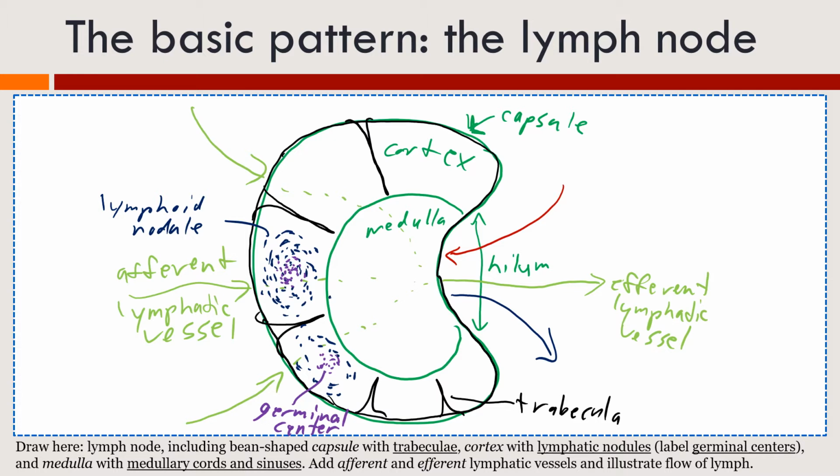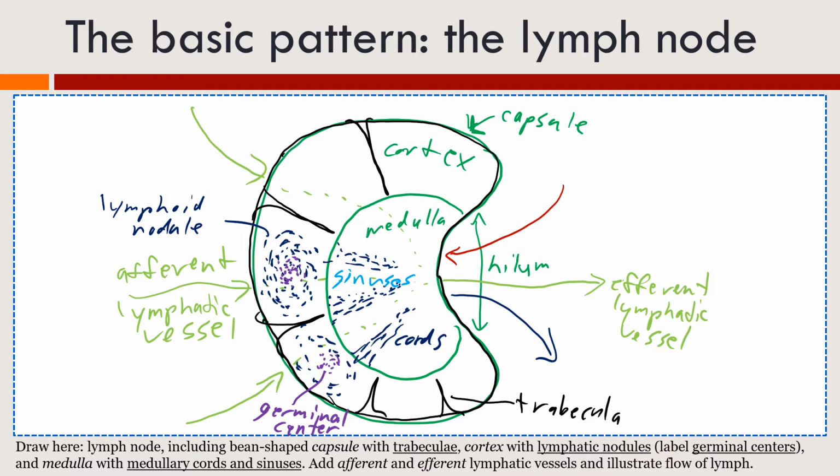There are also bits of tissue that extend down into the medulla. These are called cords, medullary cords, and the spaces in between them are called medullary sinuses. Okay, and fluid flows through the sinuses.